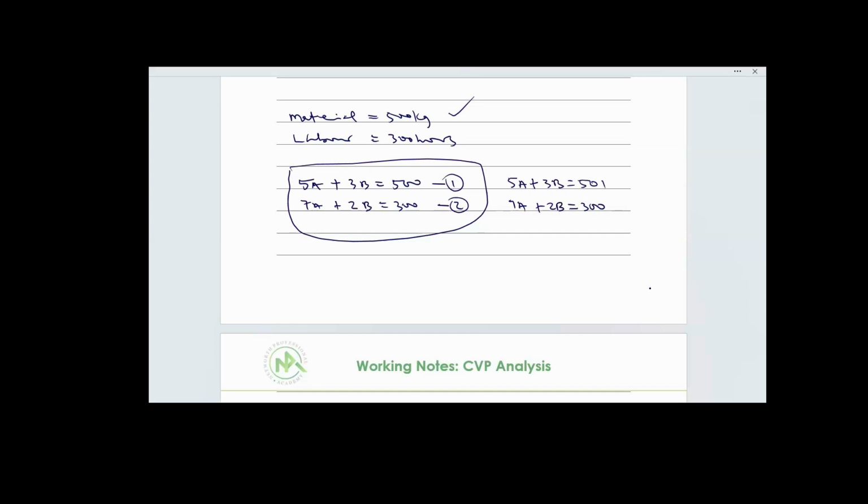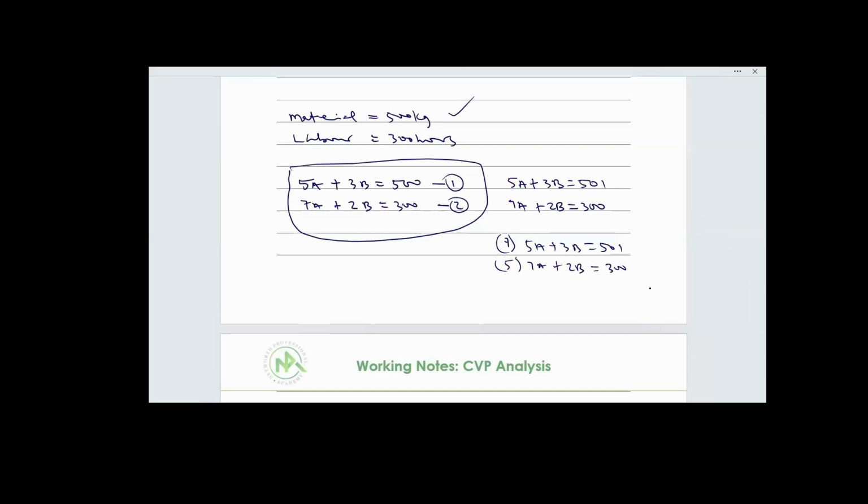So what are you supposed to do? In this case, we then say 7 multiplied by the first equation, 7 multiplied by 5A plus 3B equal to 501. Then 5 multiplied by the second equation, which is 7A plus 2B equal to 300. You solve, you get your simultaneous equation. Okay?